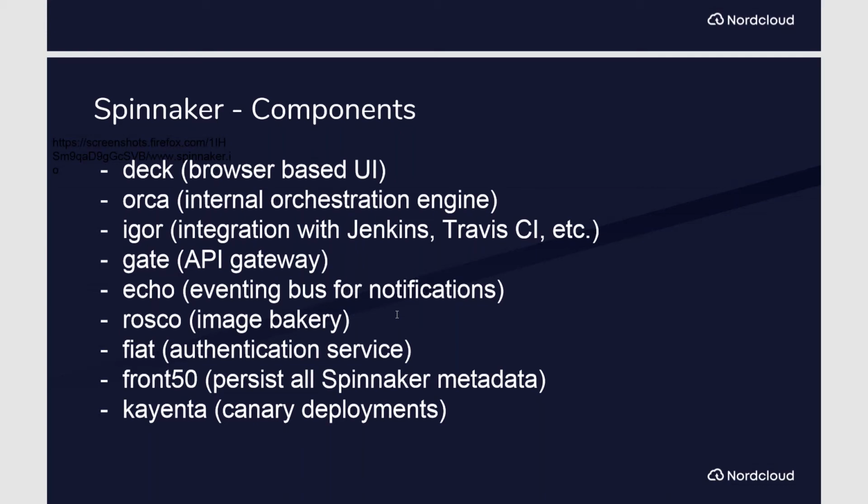Then there is Rosco, which is the image bakery. So you are wondering what does this exactly mean? Well, this is basically a front end to Packer. So Packer is deeply integrated into Spinnaker, and Rosco acts as a front end for Packer. This is actually what the customer that I have been working with is using quite heavily.